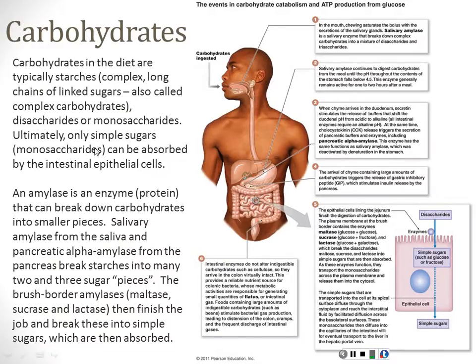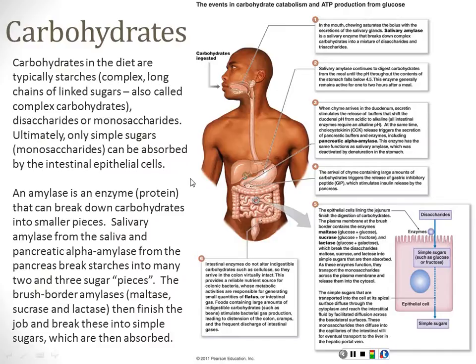But what's interesting is only the smallest building blocks can actually be absorbed into our own bloodstream for use by our own cells. So in order to use these carbohydrates in our diet, we have to take these long branching chains of starches and break them all the way down into simple sugars so that they can be absorbed.